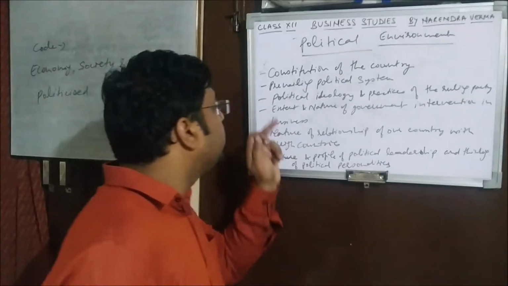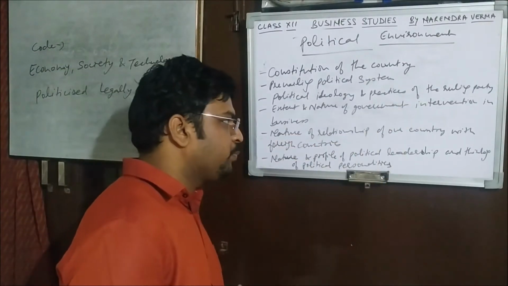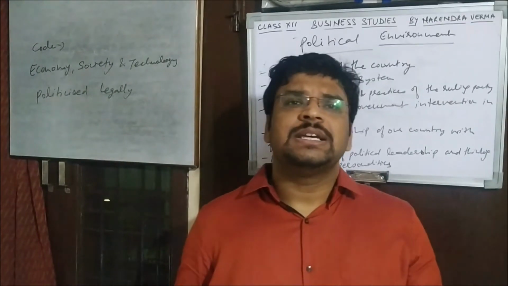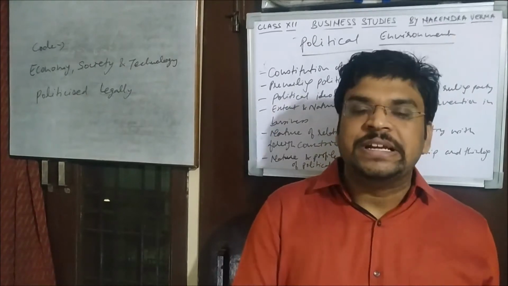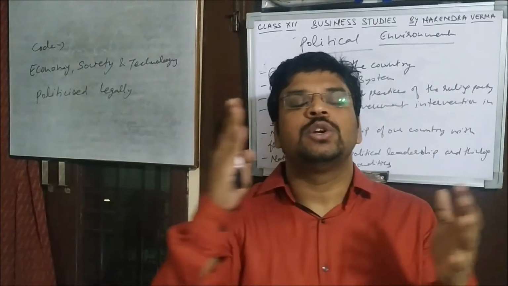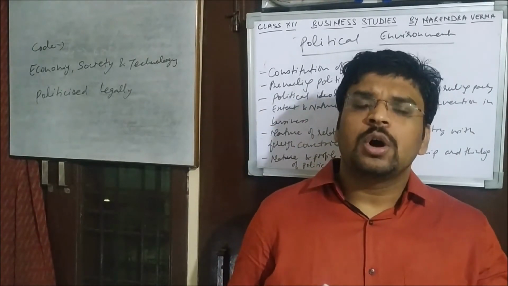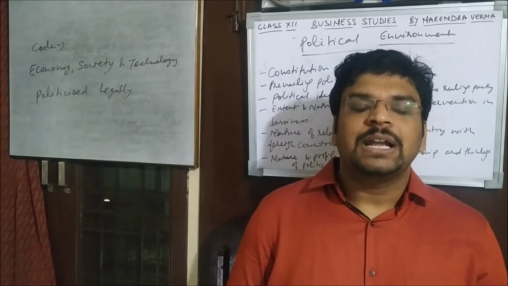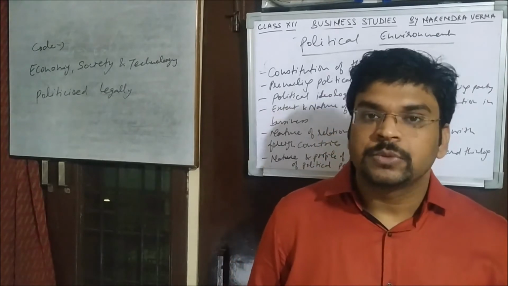Now, the political ideology and practices of the ruling party. As many political parties are there in various countries, we can talk of India, Pakistan, America, or China. You can talk about any country. In every country there are a few political parties, right?